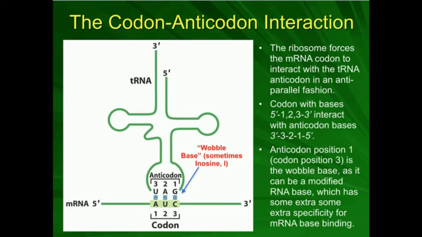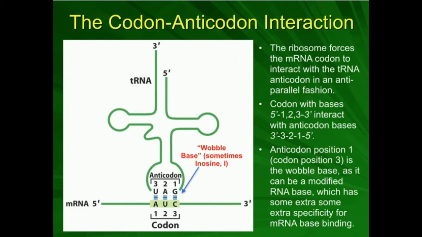We'll talk about this a little bit later, but this third position on the codon, which by definition corresponds to the first position on the anticodon, you have to basically figure out ultimately the perspective that you're going to talk about it with. But ultimately the third position on the codon is sometimes called the wobble position, because remember that the anticodon, and particularly the tRNA, can have what we call funny bases.